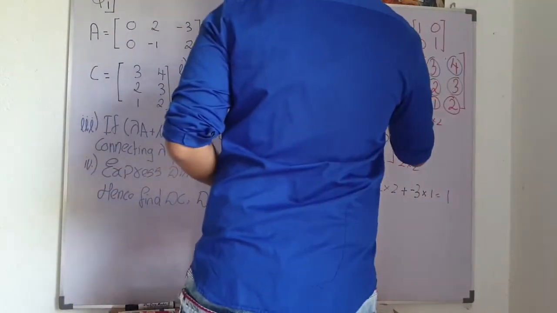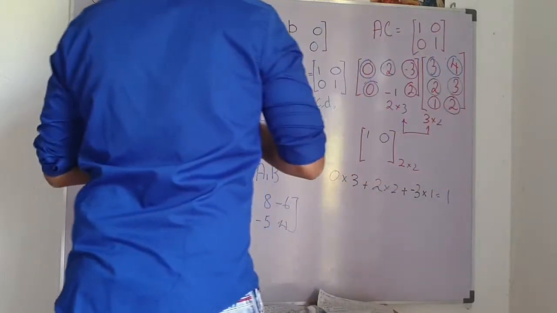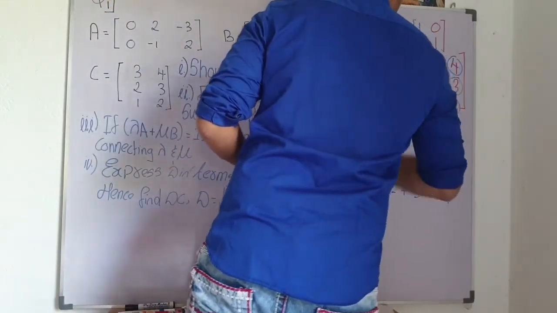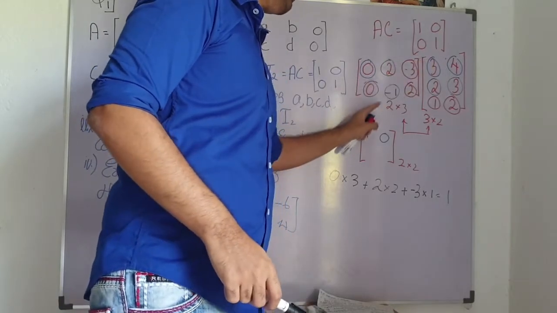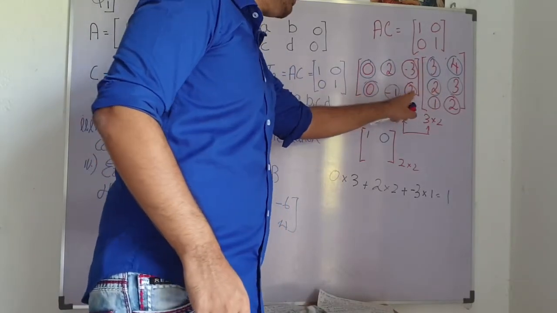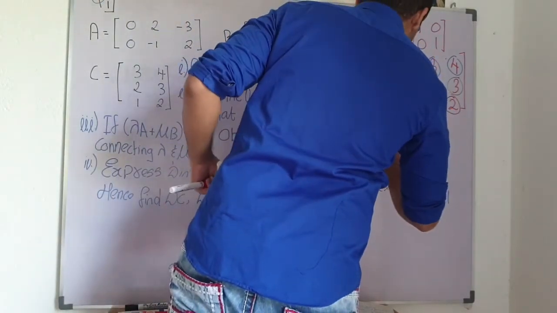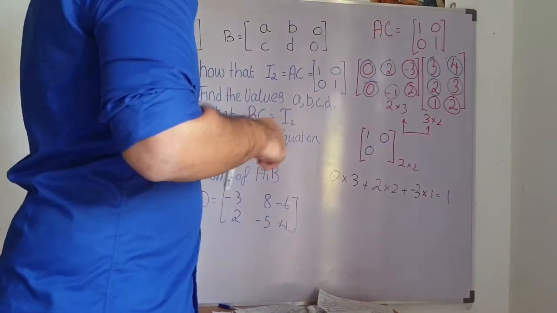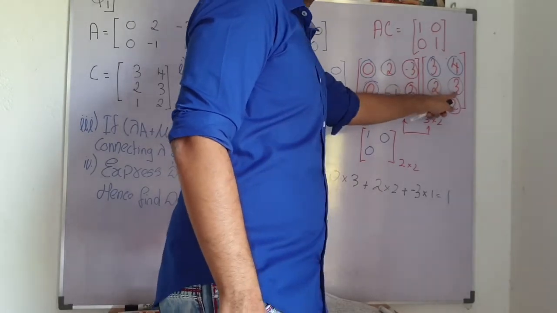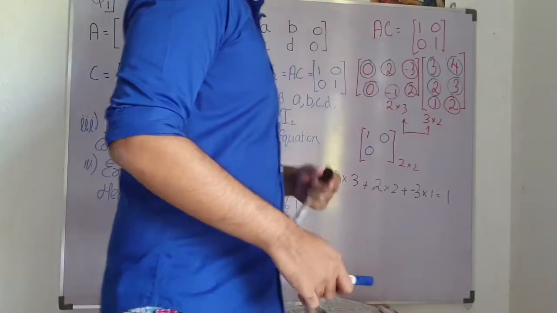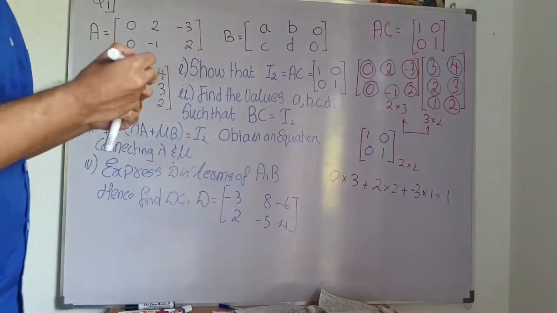Now consider 0 into 3 is 0, minus 1 into 2 will be minus 2, 2 into 1 will be 2, therefore this will also be equal to 0. And 0 into 4 will be 0, minus 1 into 3 will be minus 3, 2 into 2 will be 4, so therefore you have 1 remaining, and this will be the answer which you obtain for that.